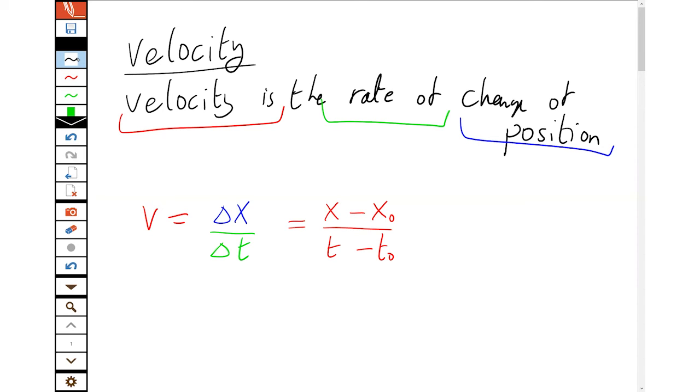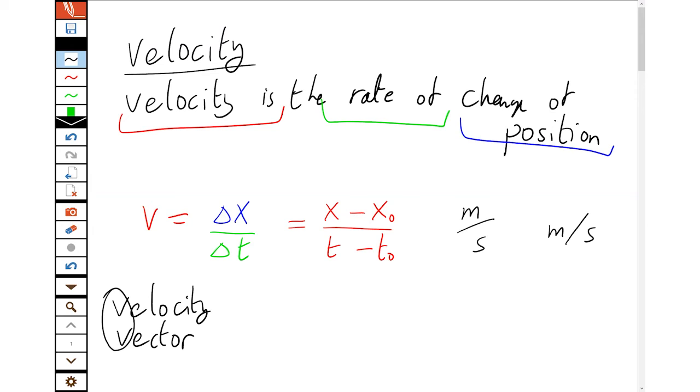Now, we know position is measured in meters and time is measured in seconds. So velocity is measured in meters per second. And remember, velocity is a vector. So remember, that always has to have a direction.